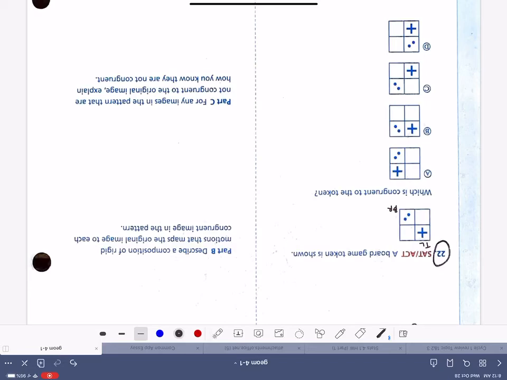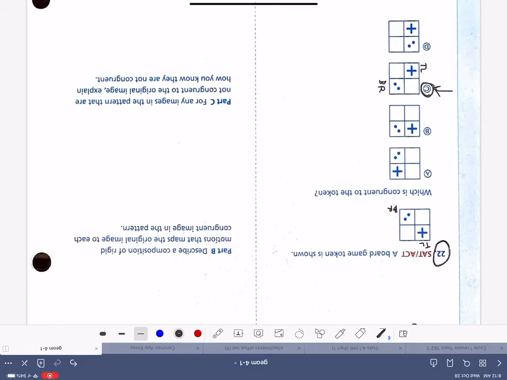And so if I flip my paper upside down, the problem with C is now the plus sign, if it's upside down, is the plus sign's in the top right. So I kind of need to look at it 90 degrees to the left. If I turn my head to the left, 90 degrees, this is now in the top left, right? And this is in the bottom right. And so that's why I'm going to pick C.